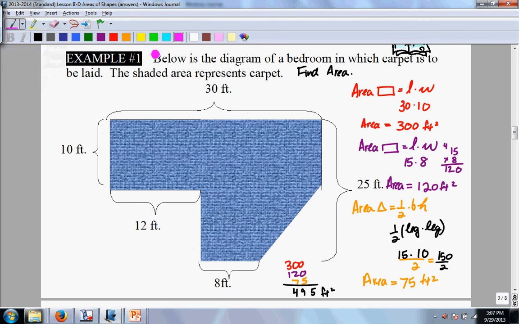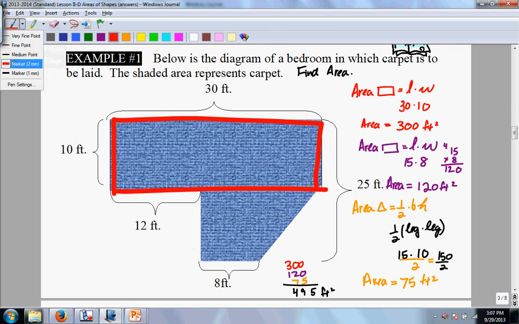So let's go back to the original one, which is easy, which is our rectangle, and we already figured that out. And that is area of a rectangle is length times width, 30 times 10, so that area again is 300 feet squared. We've already done that.